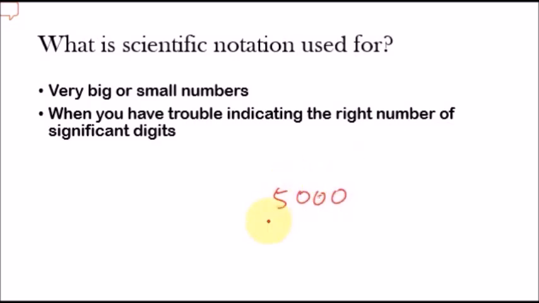We've looked at this before, and we know that the correct number of significant digits here is just 1, just the 5, because these are trailing zeros which are not to the right of the decimal point. However, let's say you wanted to make these 3 digits significant. Using our traditional significant digit rules, there's no way of doing that. So scientific notation helps indicate the right number of significant digits.